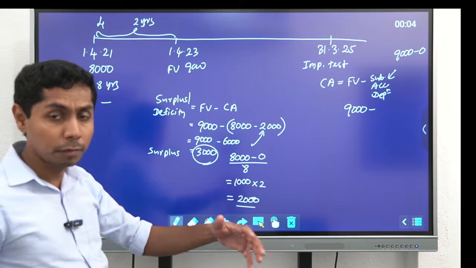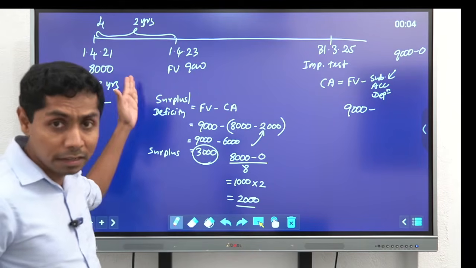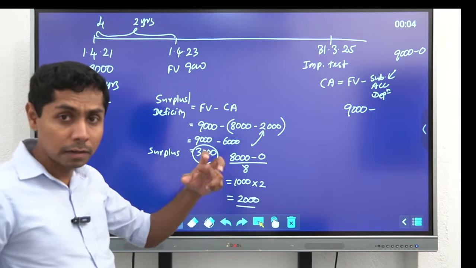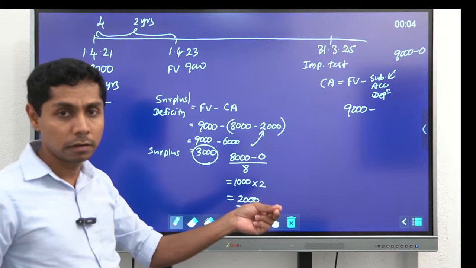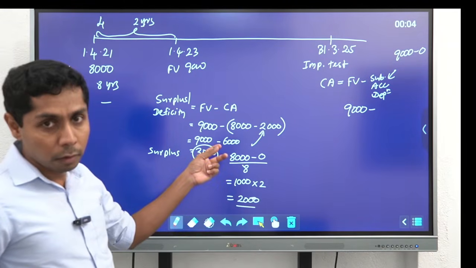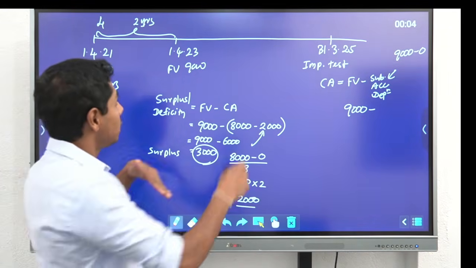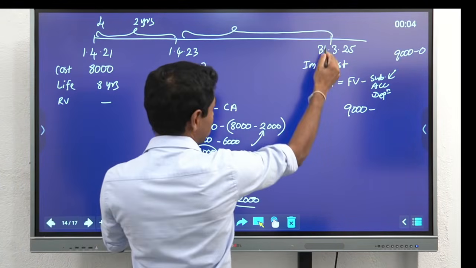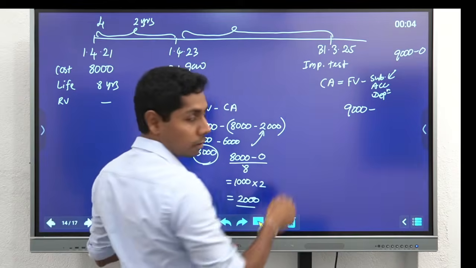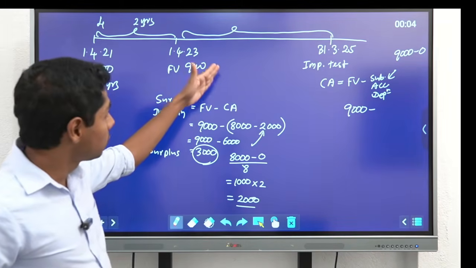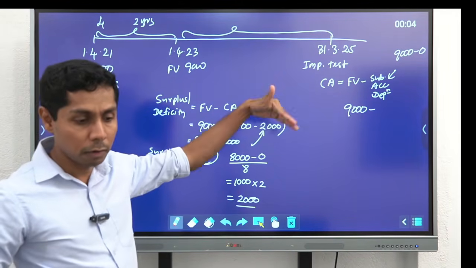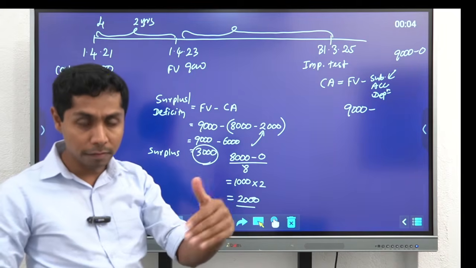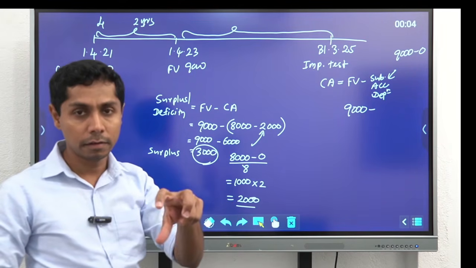Therefore, we have to assume the original 8 years is still applicable. However, 2 years have gone. Now I am calculating the depreciation for this period, because we want the carrying amount on this date. So we have to calculate the accumulated depreciation for 2 years after the revaluation, right?